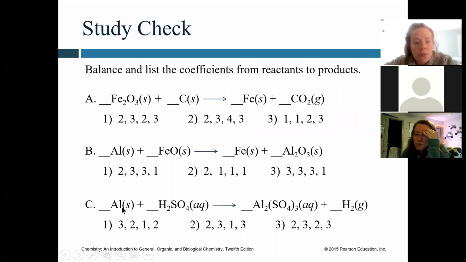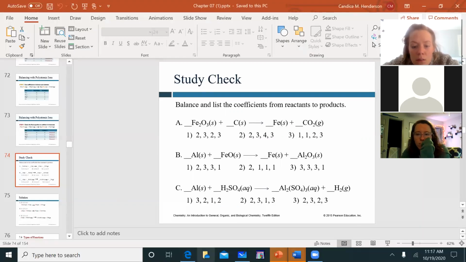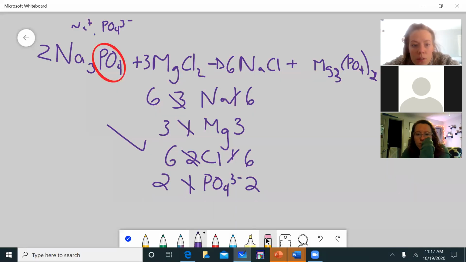Okay, so let's look at these. The first one is iron oxide mixing with carbon to produce iron and CO2.